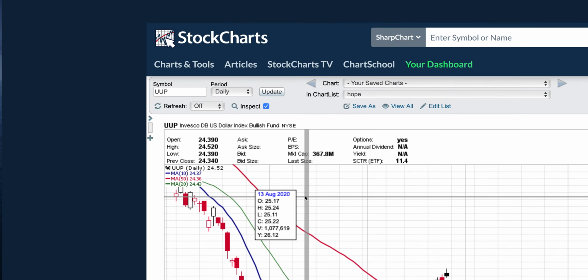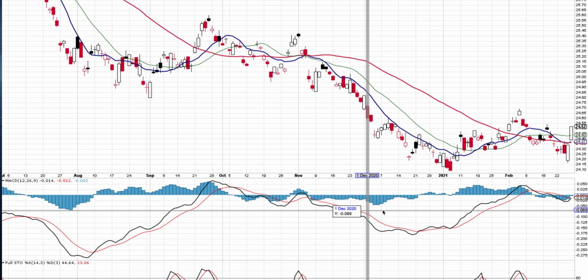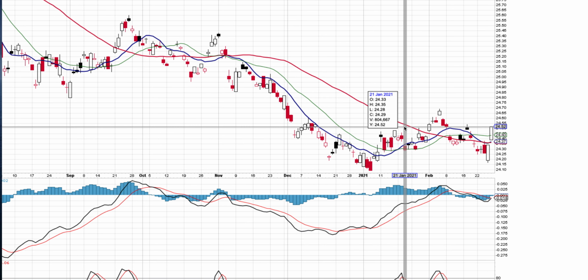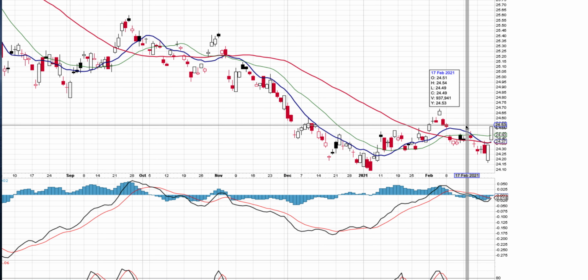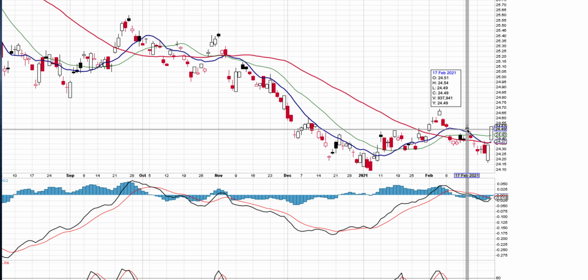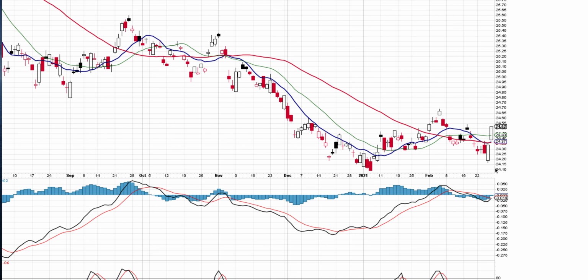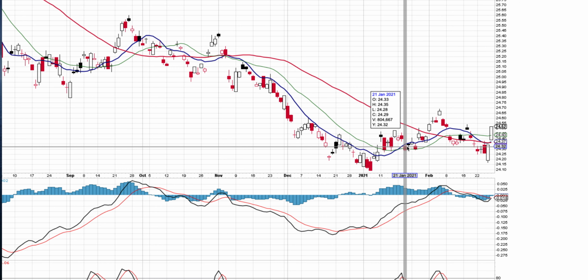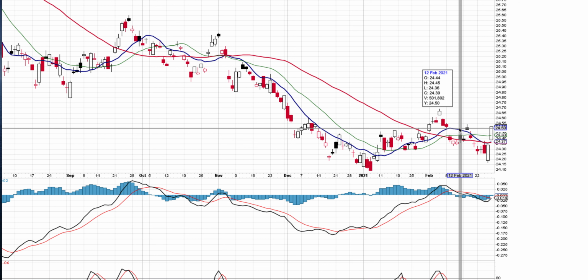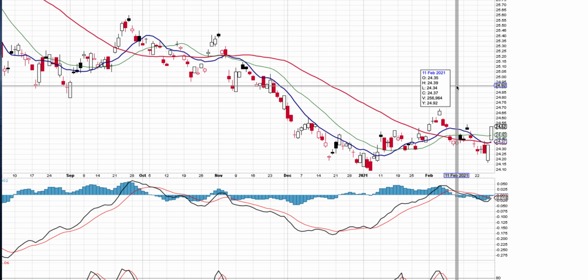We closed above them, and we closed above an old rejection right here. On the 17th of Feb, the close was 24.49. We closed at 24.52. So definitely a 1, 2, 3 reversal.